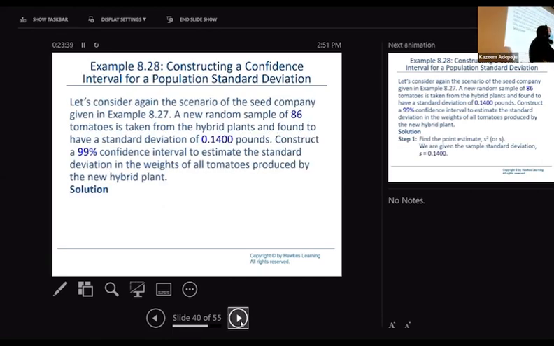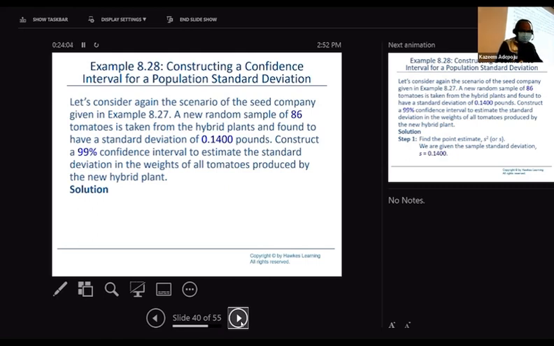What about a situation where you find the degrees of freedom and your degrees of freedom is not in the table? I'm going to give you this example now. Let's consider again the scenario of the seed company given in example 8.27. A new random sample of 86 tomatoes is taken from a hybrid plant and found to have a standard deviation of that.